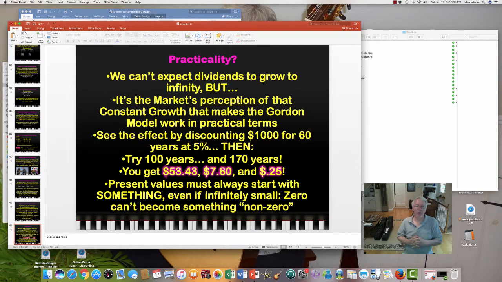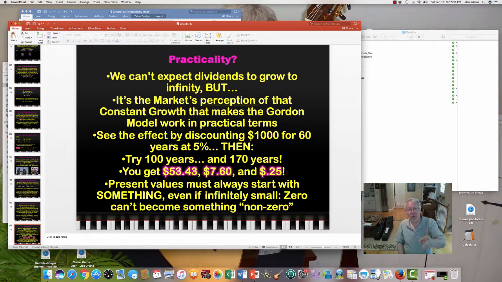Okay, how about 100 years? How about 170 years? The greater that number of years gets, the less you need to start with now. 60 years means to get 1,000, you only need to start with 53 bucks. 100 years, only 7 bucks. And 170 years, you only need to start with a quarter. Amazing, huh? Math it out, you'll see that it works.